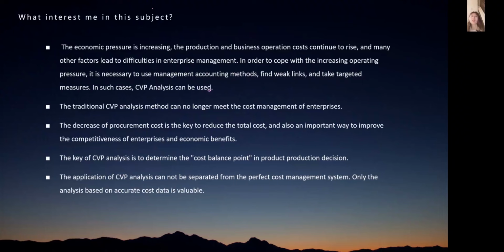Through the introduction of the above CVP analysis principle and application, it can be seen that cost behavior is an important theoretical basis of traditional CVP analysis.